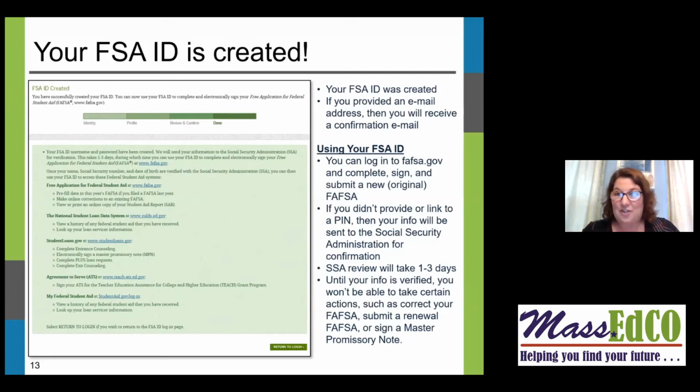It didn't match. And so you're going to have to read it, go back in and try to figure out what you put in that didn't match. And again, you can reach out to us to help you with that if that happens. That usually takes about 1 to 3 days. And once it's verified, you're good to go.